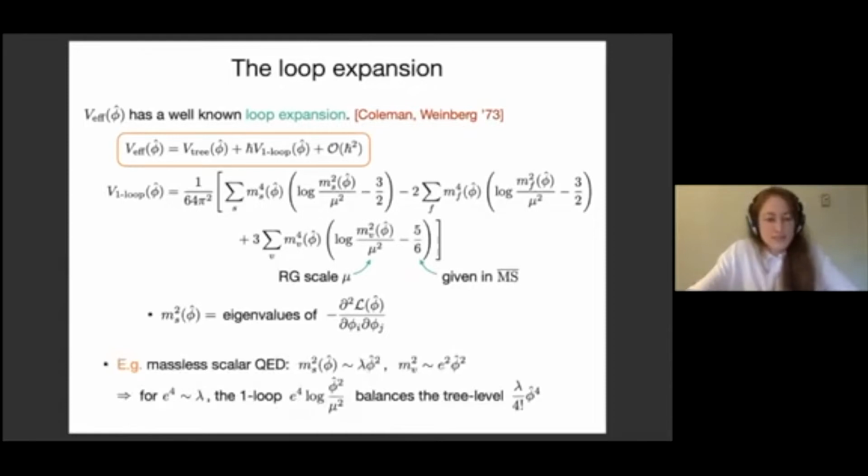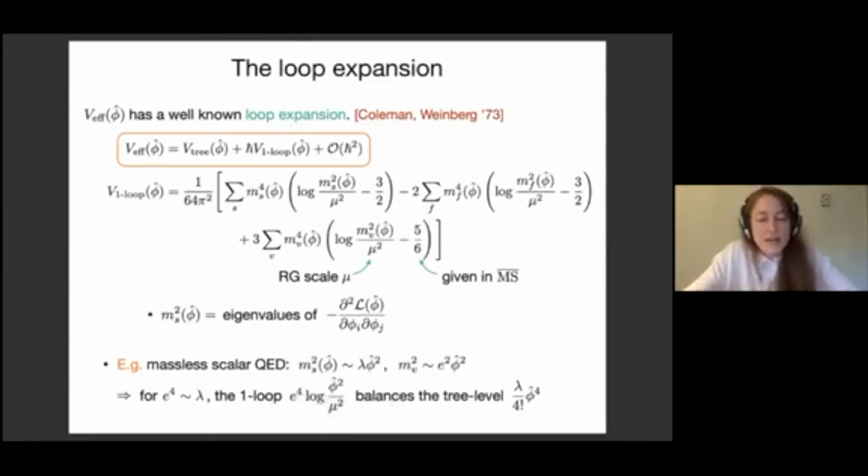So just for example, to go back to this massless scalar QED example, in this case, these mass squareds go like phi hat squared.